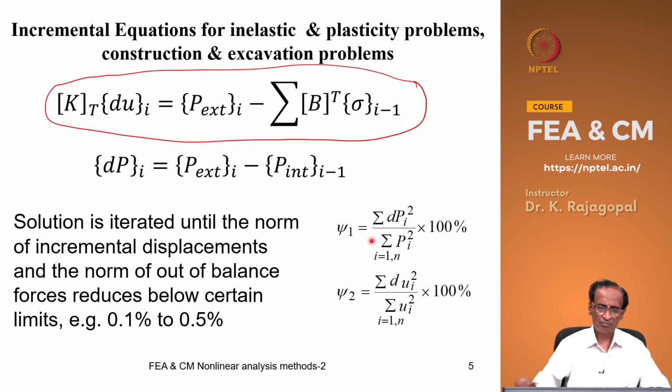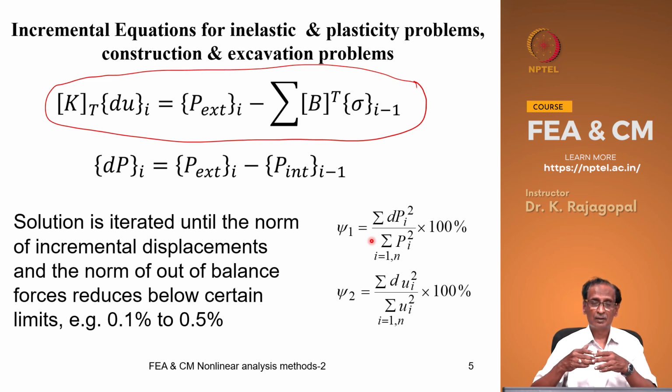and we iterate until this value is less than about 0.1 or 0.5%, or sometimes even 1%, depending on the type of nonlinearity. If it is a highly nonlinear system, or the strength is limited, then we may tolerate slightly higher errors like 1%, 2%, so that we can complete the analysis quicker.